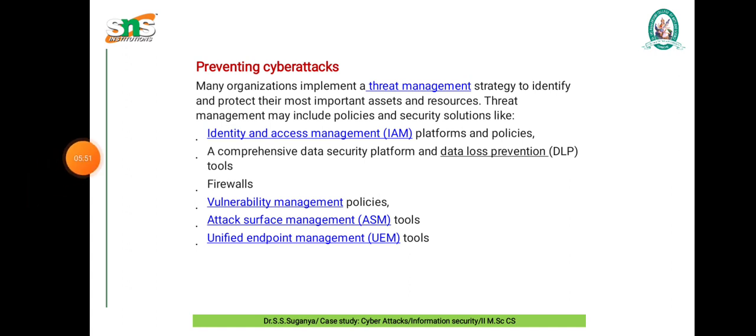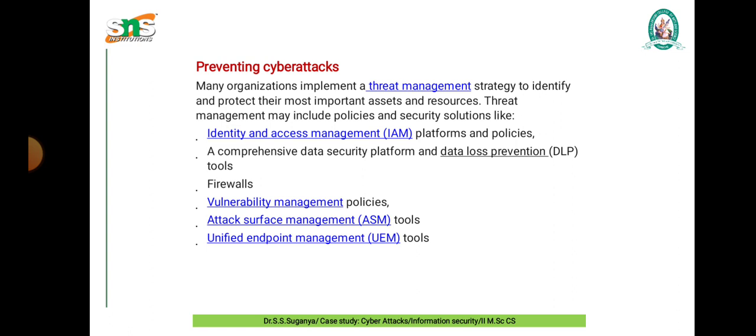So how do we prevent cyber attacks? Many organizations are implementing threat management strategies in order to identify and protect their most important assets and resources.